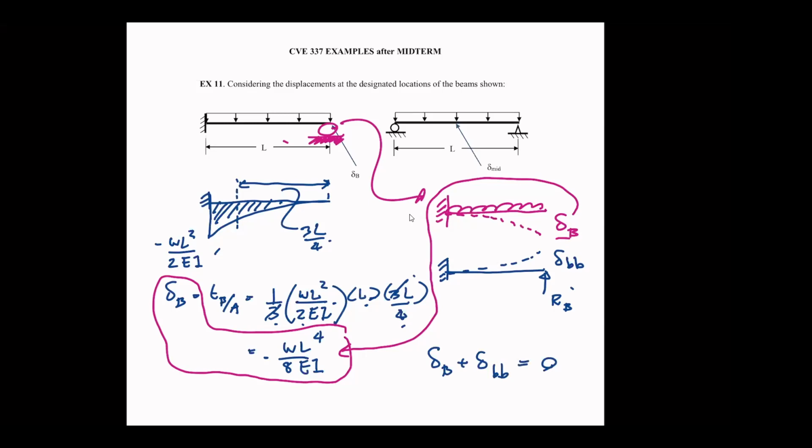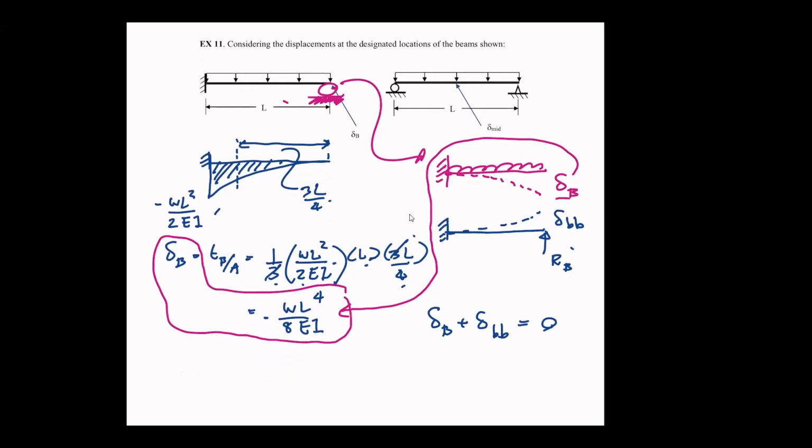I can easily go ahead and calculate this because you see that this becomes my bending moment diagram. That value is RB multiplied by L, correct? And again, delta BB is equal to the area, which is a half. The height is RBL.